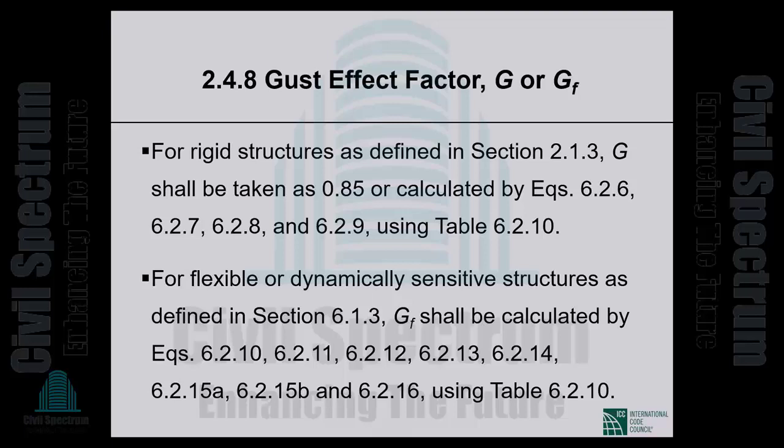If, however, you have a flexible building, period exceeding 1 second, you have no choice but to calculate the gust effect factor. Now there are something like 13 equations involved. The equations get uglier as they go.